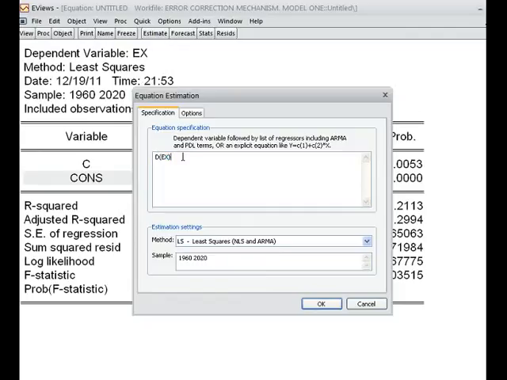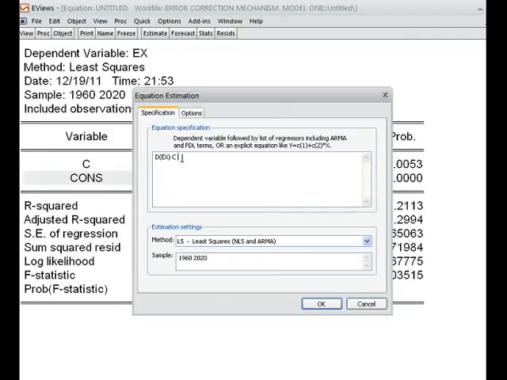That means it is the first difference, meaning that Ex becomes stationary because the variable has already been converted to first difference. Then I write C, which is the intercept of the regression model.